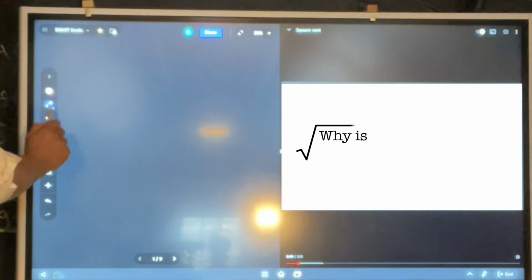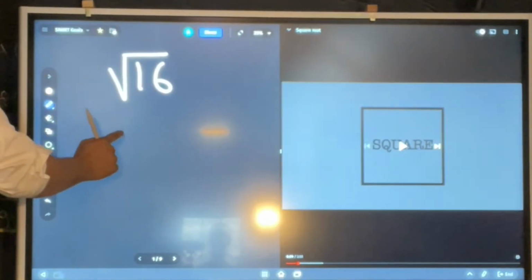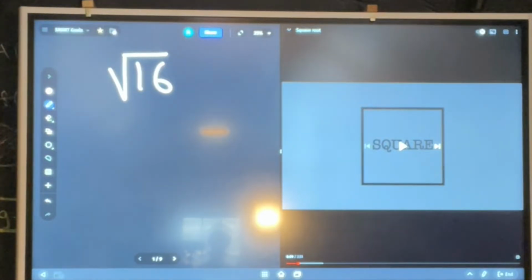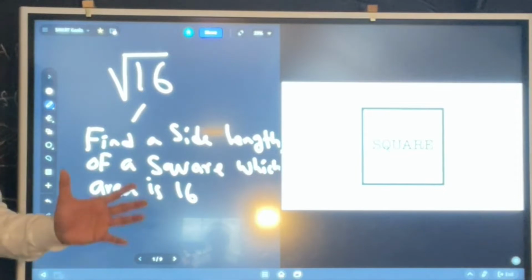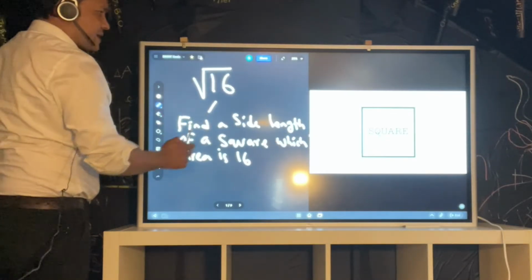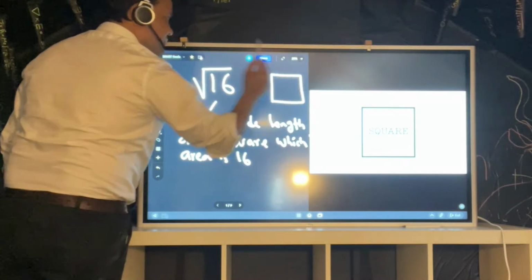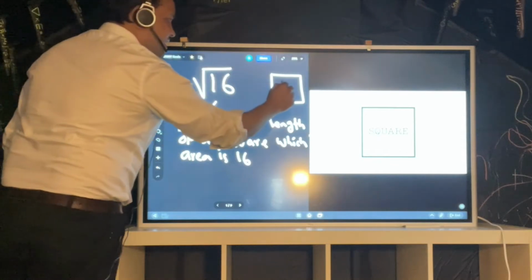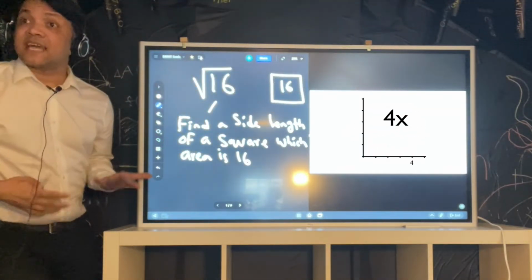Does the square root have any relation with the square? When we write the square root of 16, what does it mean? It means find the side length of a square whose area is 16. That means you have a square whose area is 16 and then you find the side length.